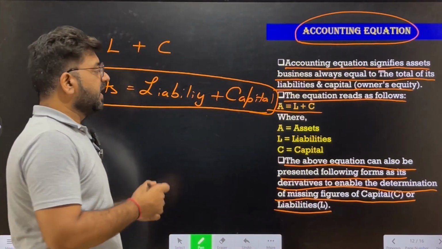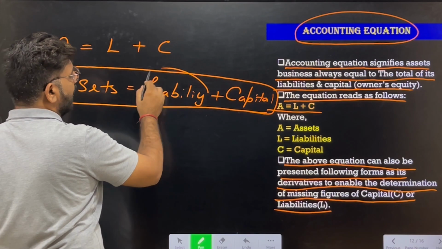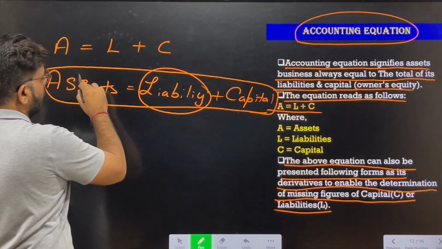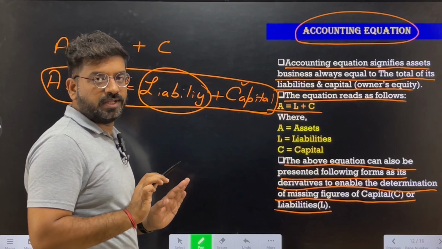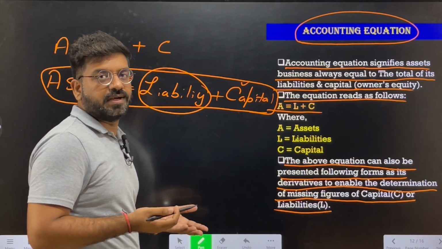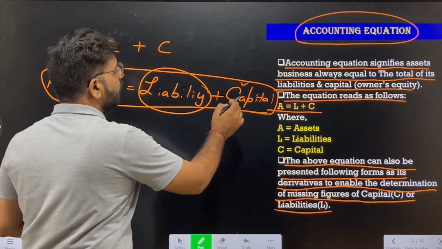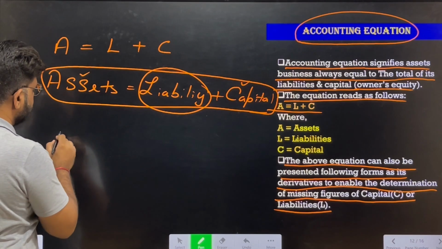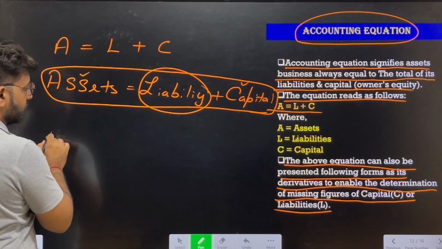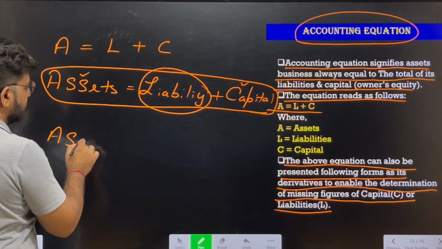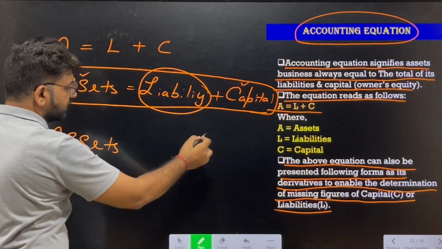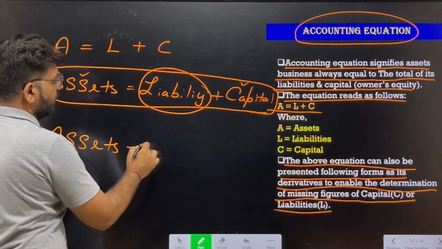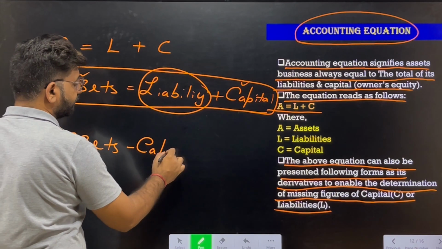That simply means if at all we don't have the liability, we only have the assets and capital, we can find out the liability. We can always find out the liability if we have two of the items. That is, if assets are known to us, we will simply take the capital to the LHS side, so it will be of minus in nature.